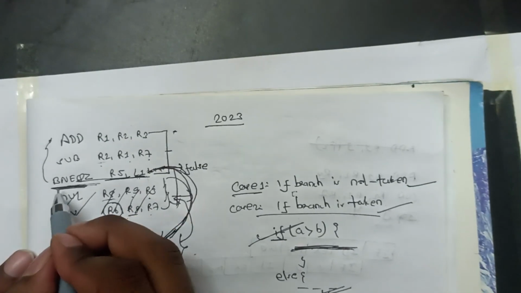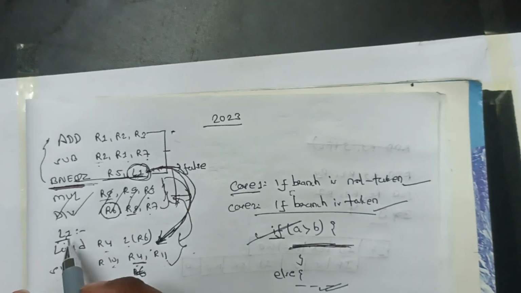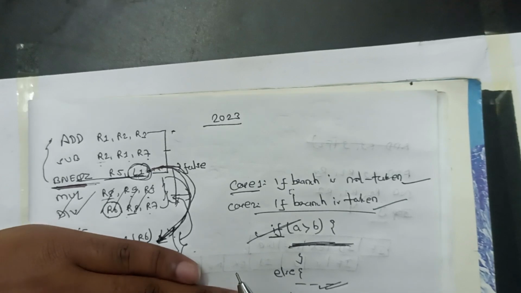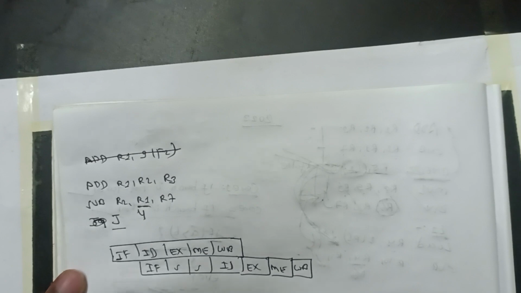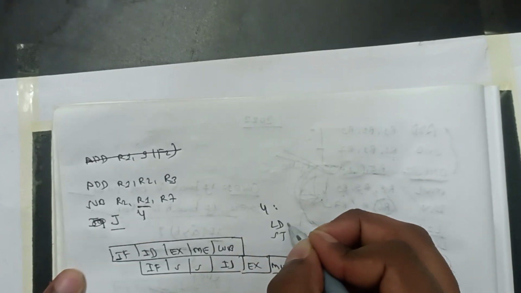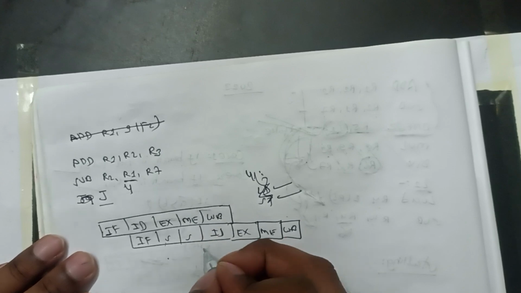Like if the branch is true, we have to go to L1, and here is L1, so we execute this. If there is no L1, then we stop here. Same like jump 4: is there any 4? If in the question 4 were a load or store, then we would have to execute that instruction. But there is no such instruction, so simply we can start from here.